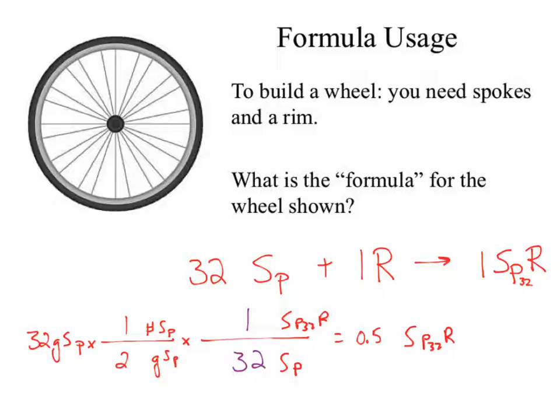But this is where chemistry comes in. Chemistry is saying when we run this reaction, I'm not taking 32 spokes, I'm taking 32 moles of spokes. I'm not making one wheel, I'm making 1 mole of wheels. Which then means when I get to the answer, it's not 0.5 wheels, it's 0.5 moles of wheels.